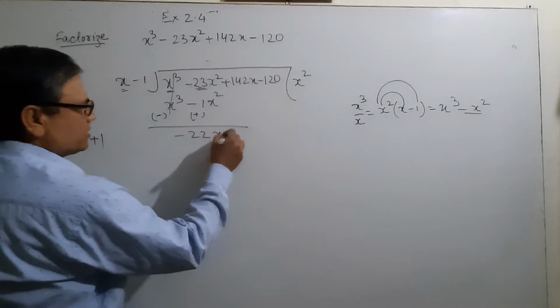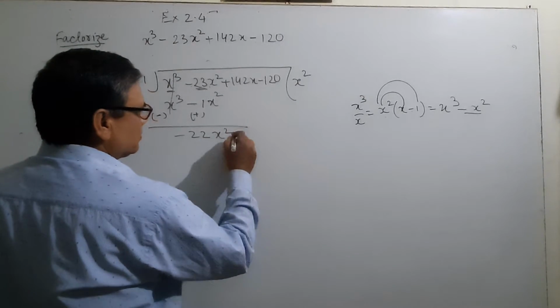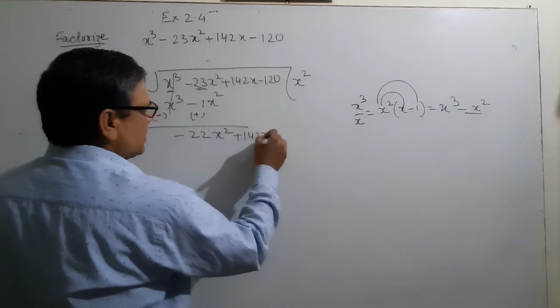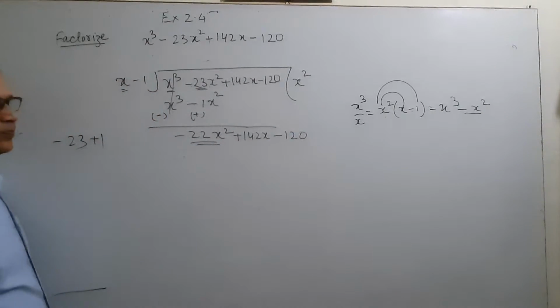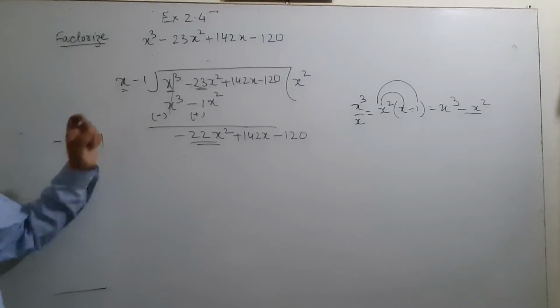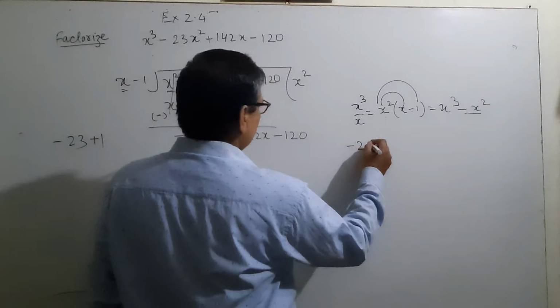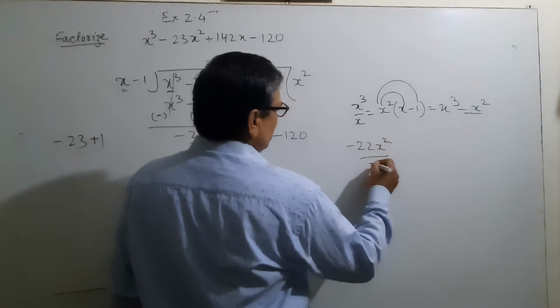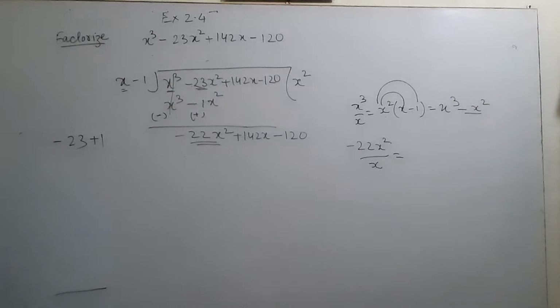And like x square is the same, plus 142x minus 120. And now this first term is divided by this first term. What do we have to write? Minus 22 x square upon x is equal to, then what will the answer be?